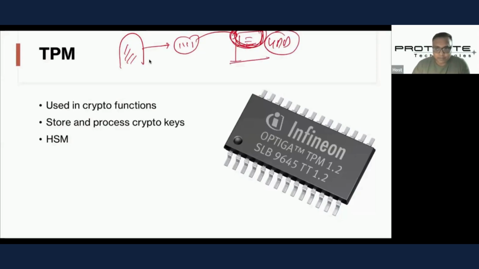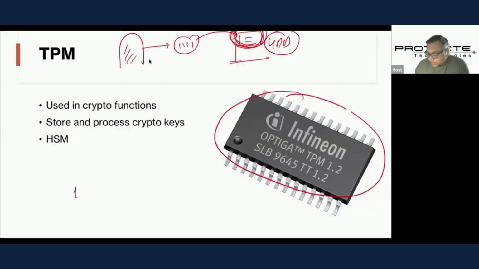Someone can get access to that, right? That was not a good arrangement. So the concept of TPM was evolved and implemented. The trusted protection module was implemented using a hardware storage device. This is the hardware storage module in which the TPM is employed.